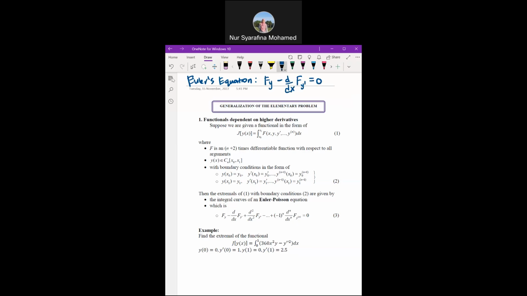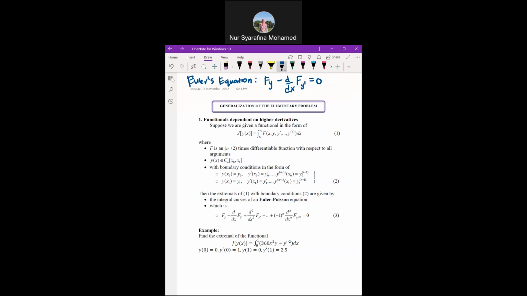Now we are going to proceed with the same problem where we want to find the extremal, but now we want to make it general. That's why it is called generalization of the elementary problem.